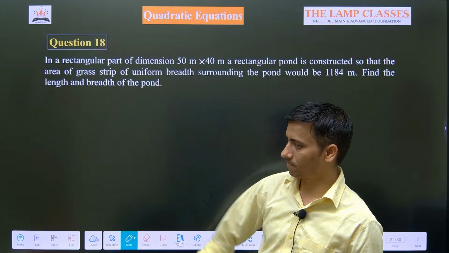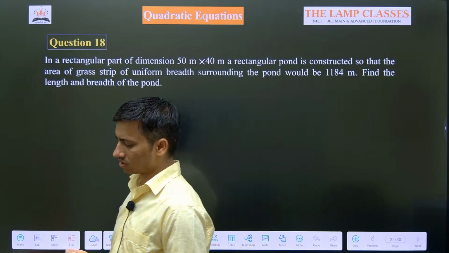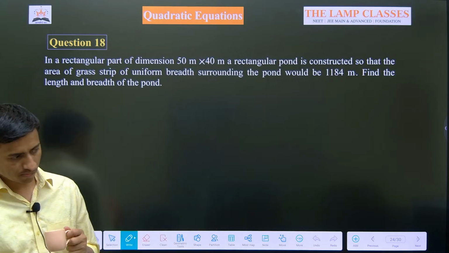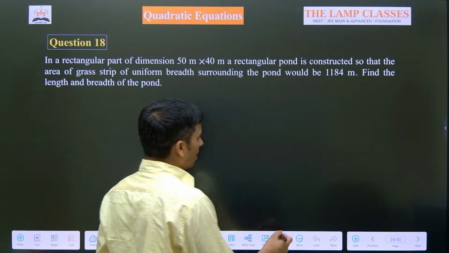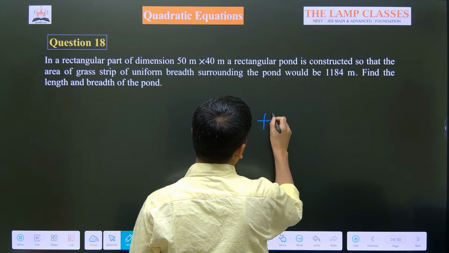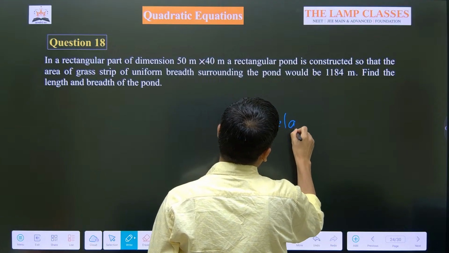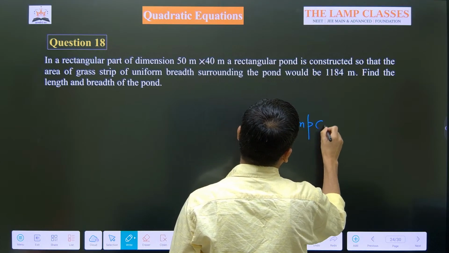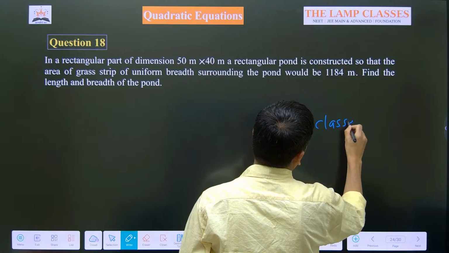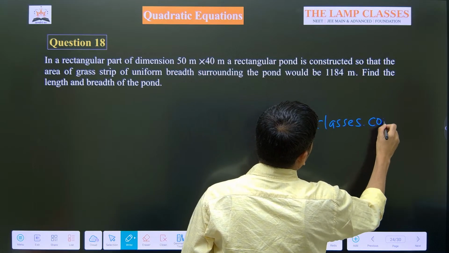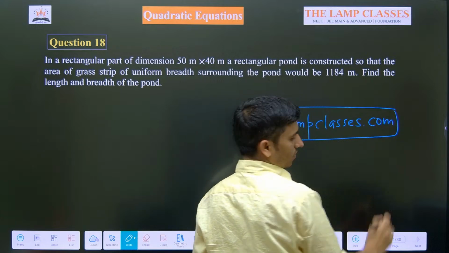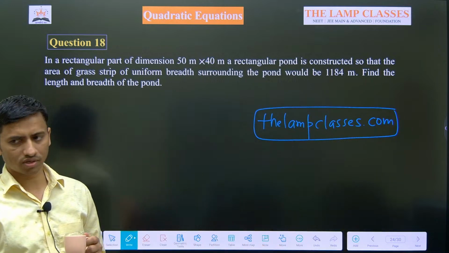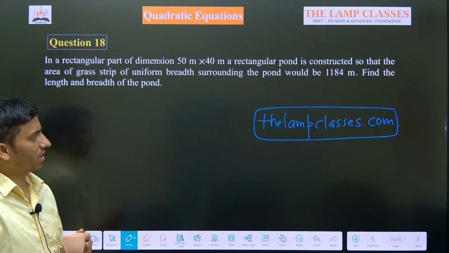This particular type. I think last year they had framed one such question. Our website Arav, the lamp classes.com. Here we have questions of every chapter along with solutions. So you can check, na, whichever chapter you want to practice, you can.